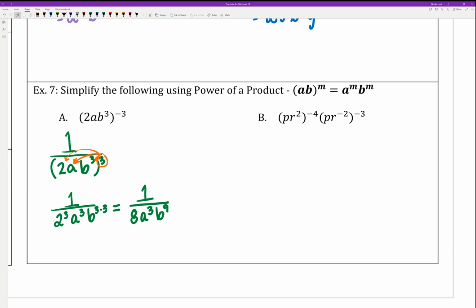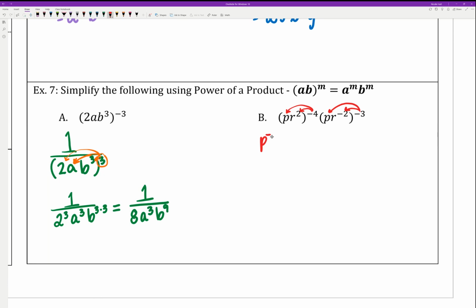Now our last example here, again, there's more than one way we can attack this. For this one, we are going to look at distributing the negative exponent into both sets of parentheses. So we have that -4 exponent is going to go to p as well as r to the power of 2.